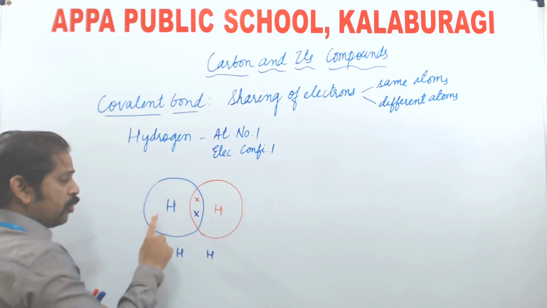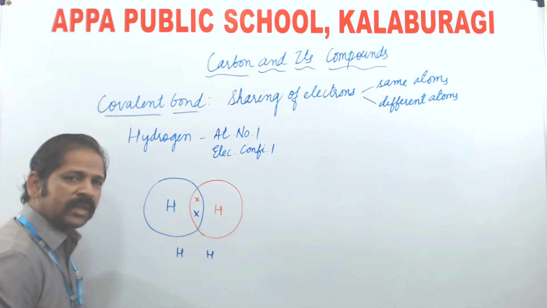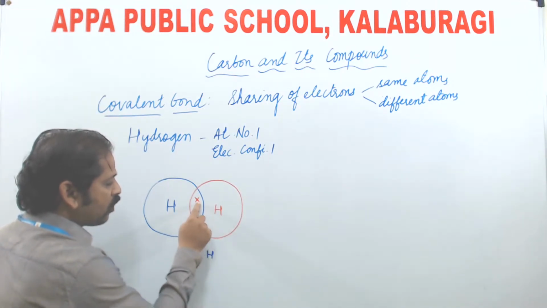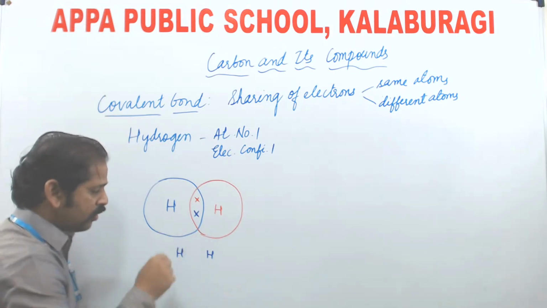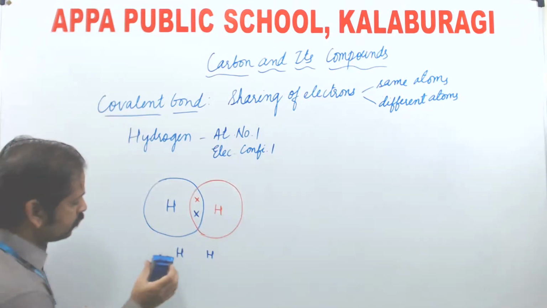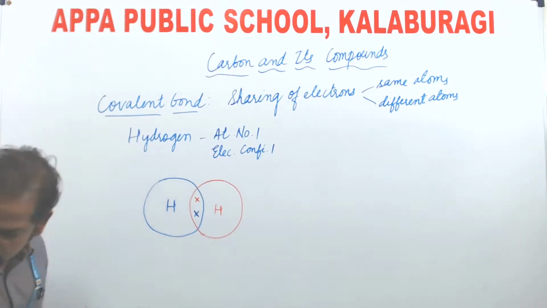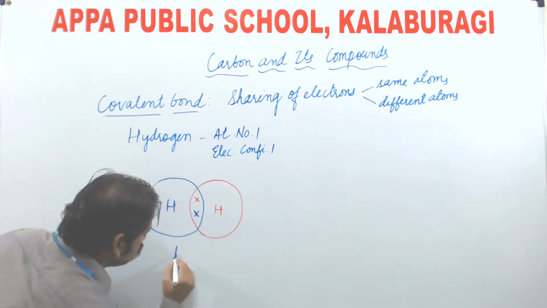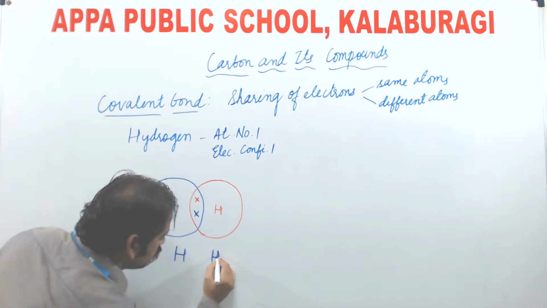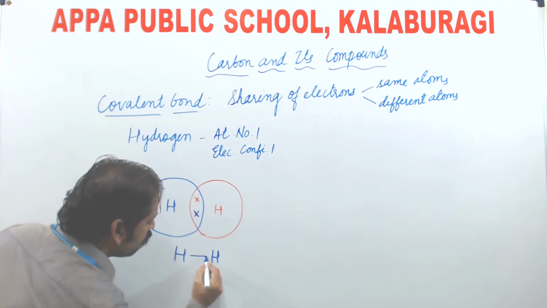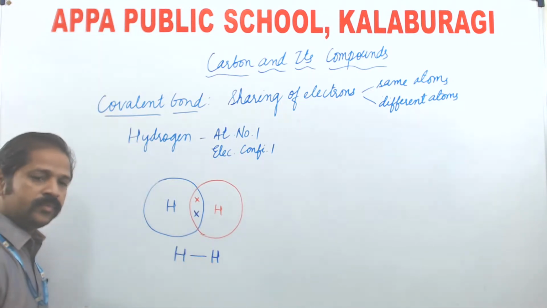Both the hydrogens have become duplet structure, and in between the two hydrogens there are two electrons. Two electrons are sharing. So two electrons are equal to one bond.